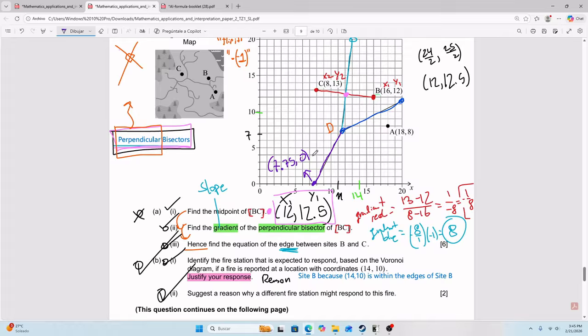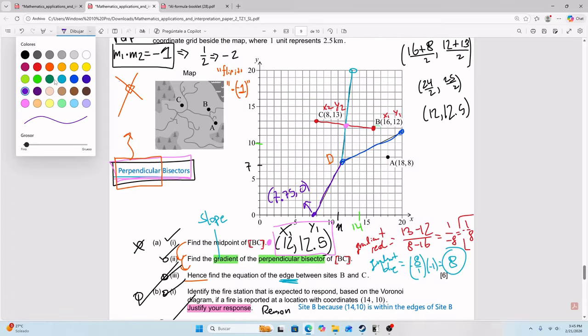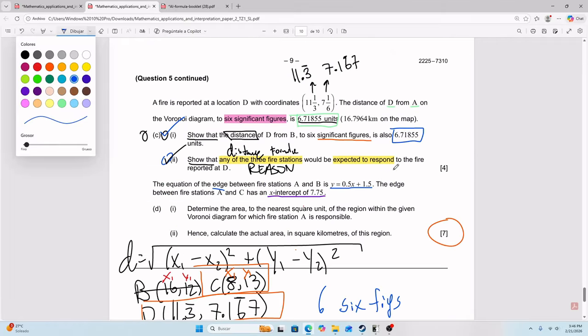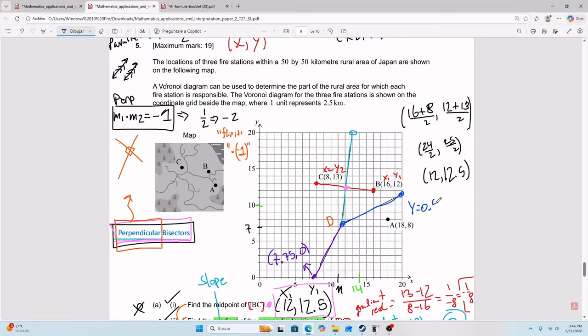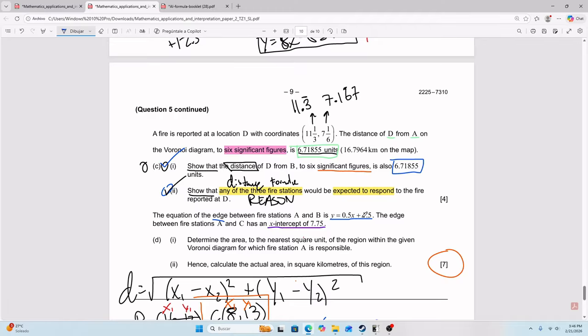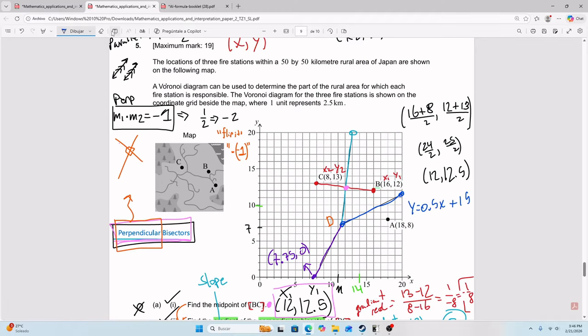Okay, so you have those three things, and let's express them over here. The line in dark blue they told us was y equals 0.5x plus 1.5. Let me double check.